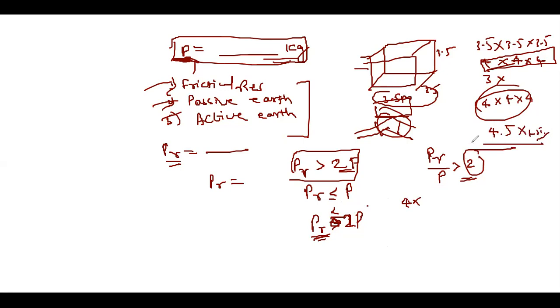We do the same iteration and find out the value of PR again. If PR is greater than twice P, then this will be the dimensions of the thrust block. This is the procedure we follow for the design of a thrust block. Designing here means finding the dimensions of the thrust block: length, breadth and height.